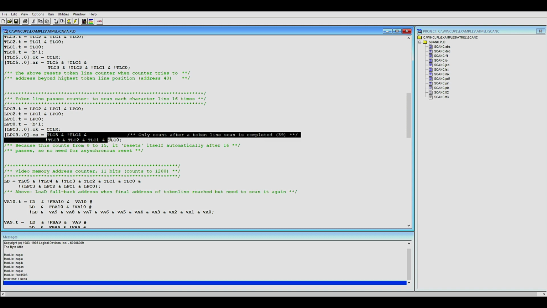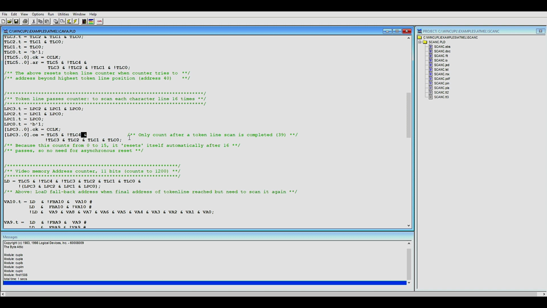If you check this equation, the way to read it is the following. A clock enable will be true if TLC5 is 1 and TLC4 is 0 because there is an inverter, and TLC3 is 0 and TLC2 is 1 and TLC1 is 1 and TLC0 is 1.